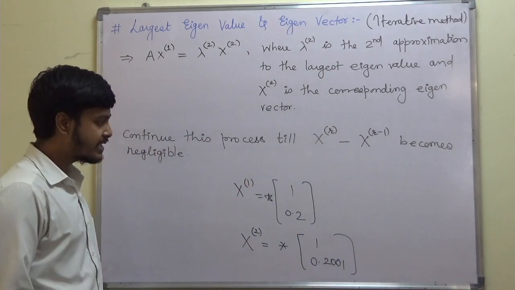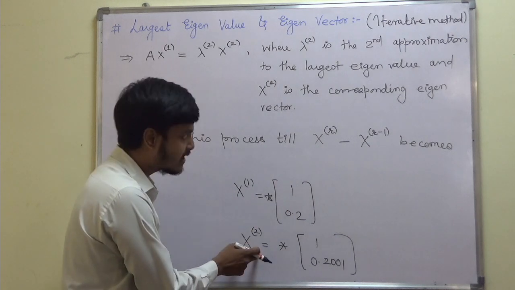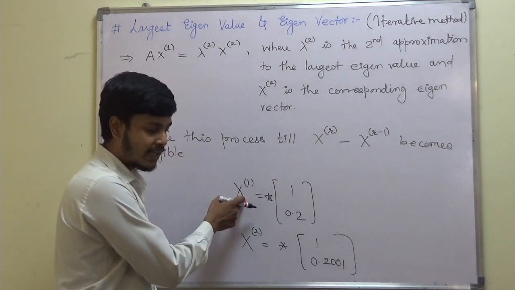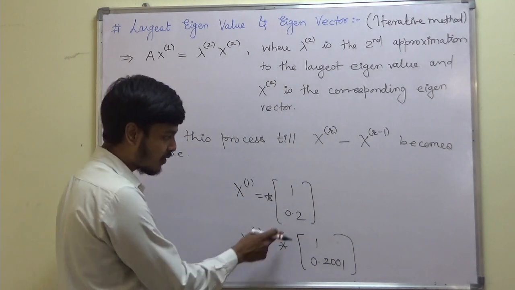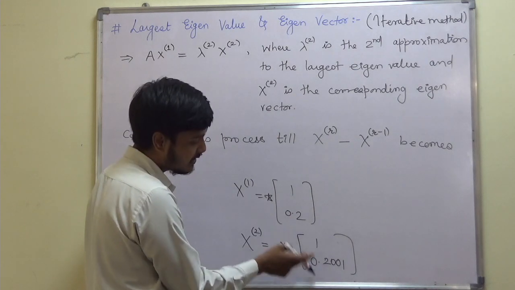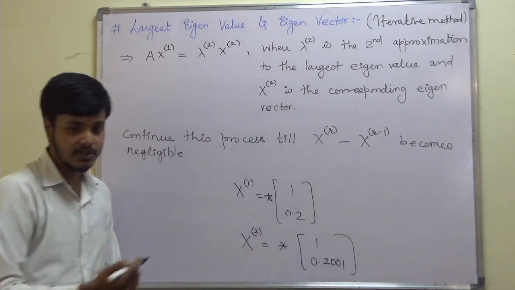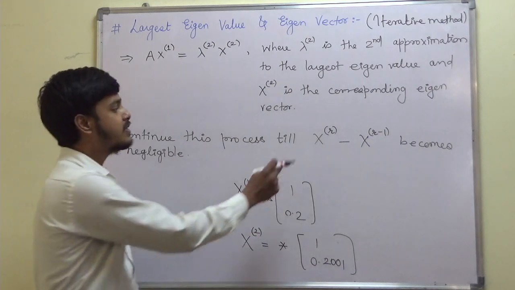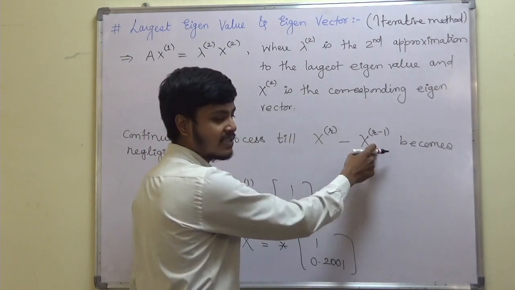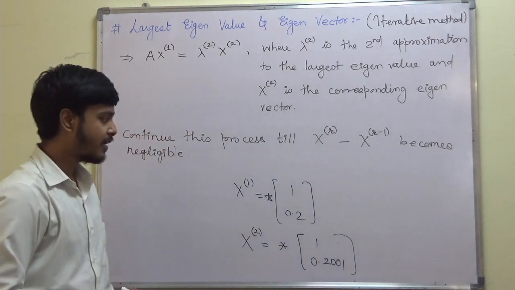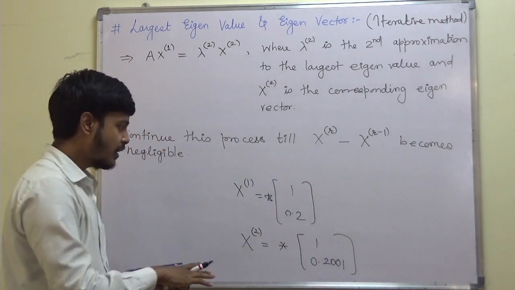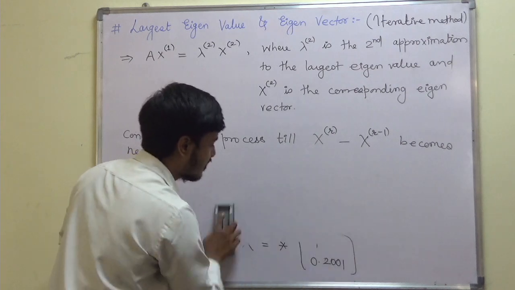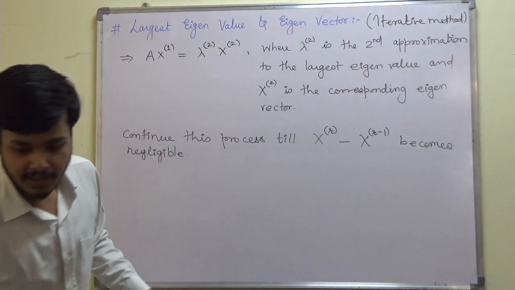As you can see, the difference between this x2 and this x1 is negligible, because one difference is 0 and the difference between the other is 0.0001. So if such is the case, when the difference between xr and xr minus 1 becomes negligible, you can terminate the process.